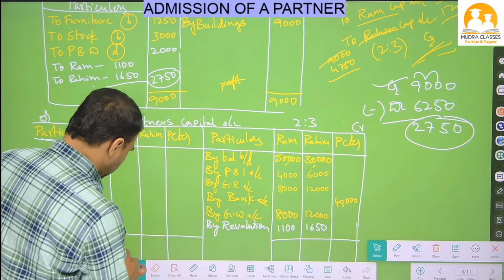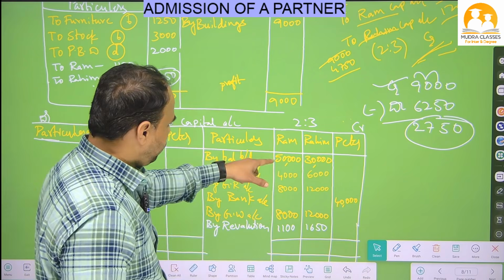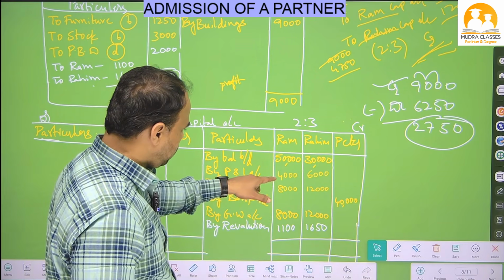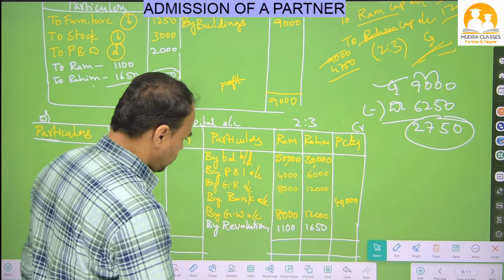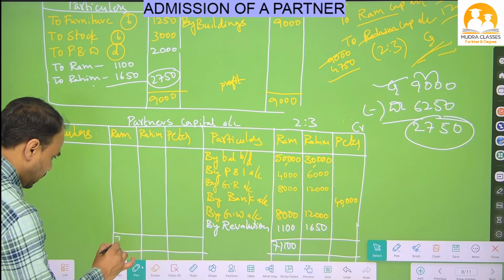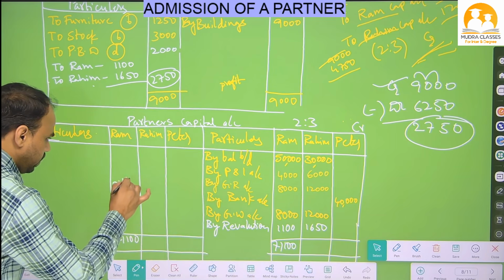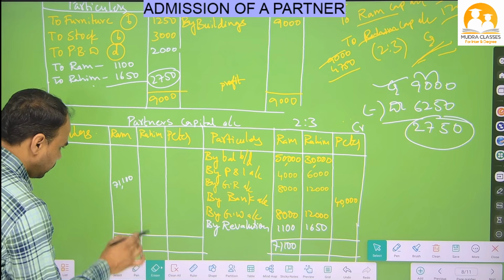Now close partners capital account. Do credits Ram total 71,100. Same amount we have to write here, 71,100. Okay.